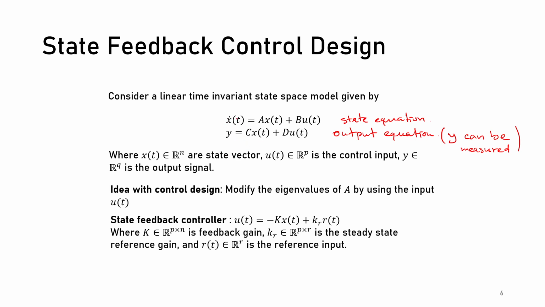And for this model, H can have as high dimension as possible. It depends on the system you have, and input can also have high dimension, up to p dimension, for example, right? And output, some variable or parameter that you can measure, can have higher dimension as well.